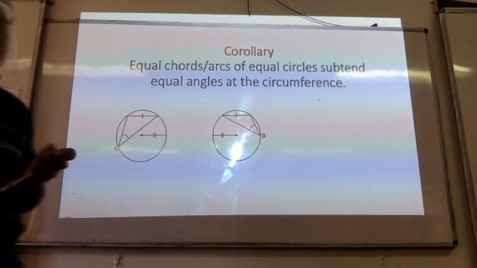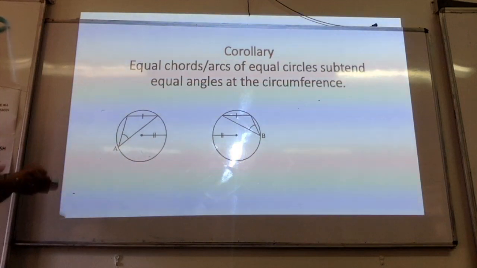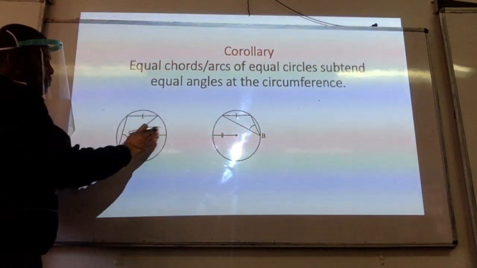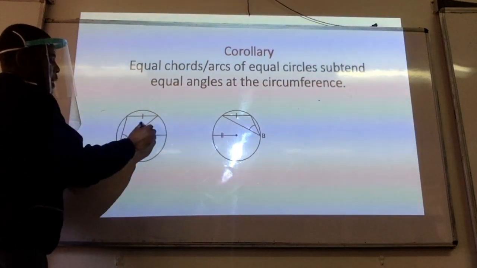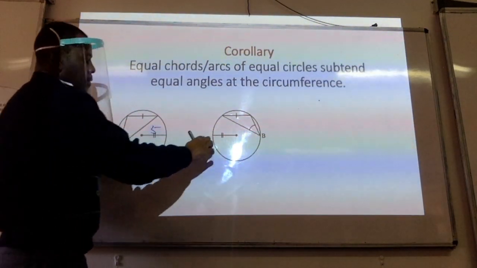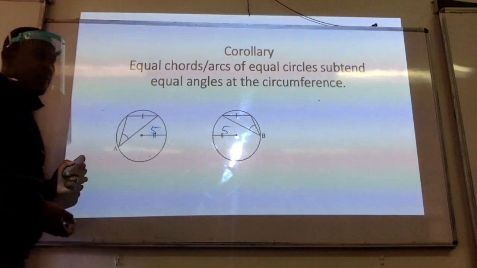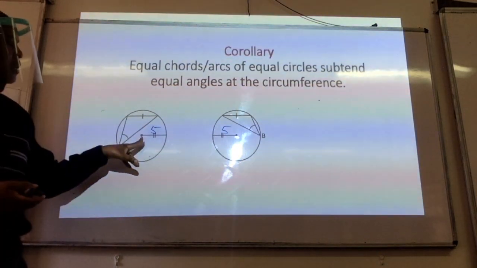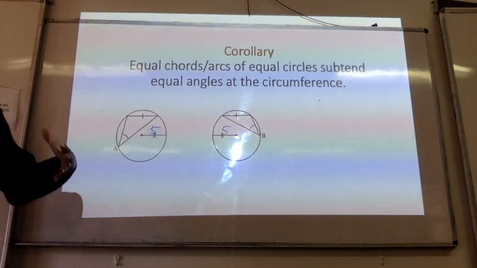What are equal circles? Do you see this circle here? Suppose it has a radius of, let's put a number, 5 units. And this one also has a radius of 5 units, right? Okay, we will call them equal circles. In other words, two circles with the same radius should be equal.